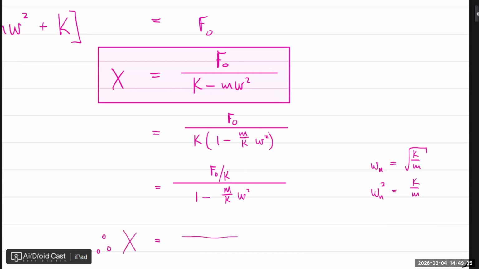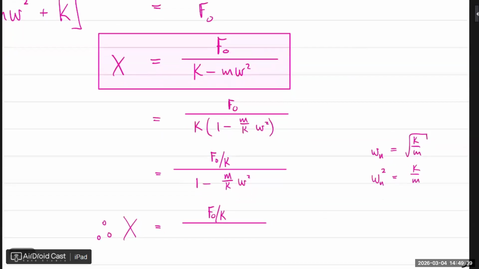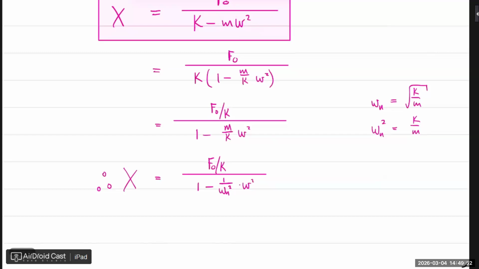Which means I can rewrite this as F0 over k, and then 1 minus the reciprocal, so 1 over the natural frequency squared, times omega squared. So in the end, I have this nice formula. This is also another formula that I think is on your formula sheet, or if it's not, then it's something that you need to remember.